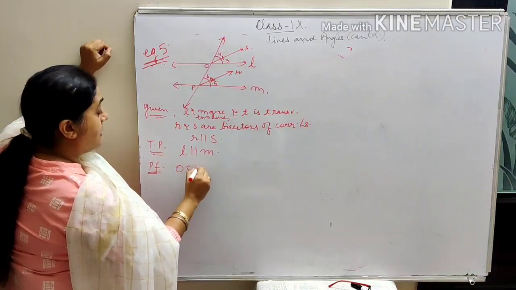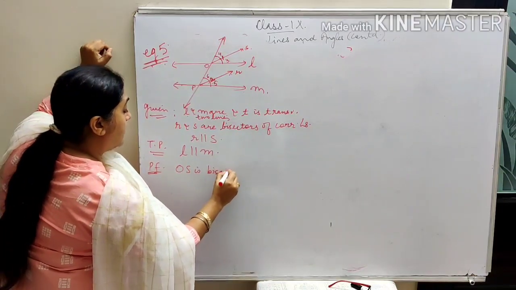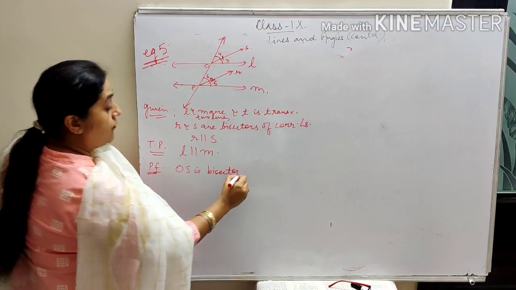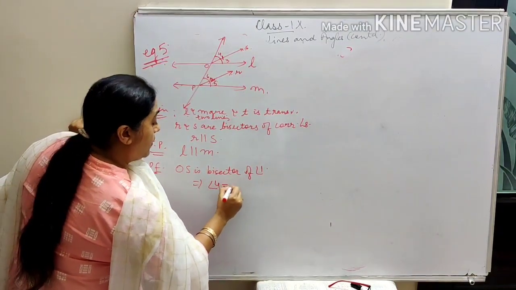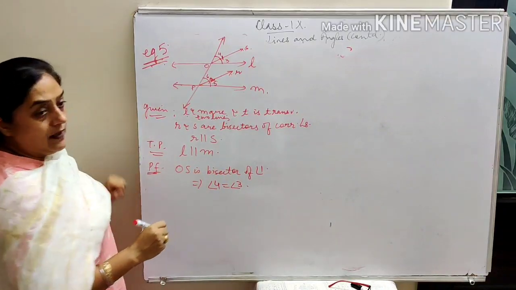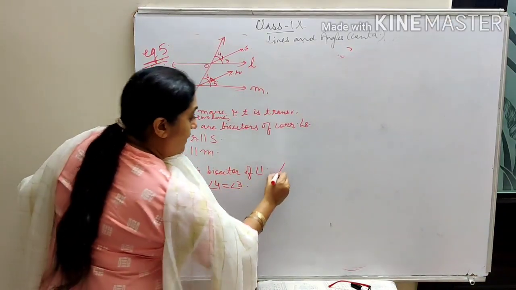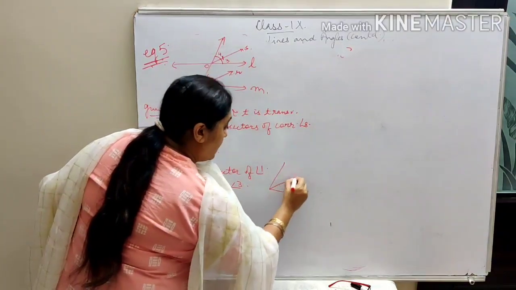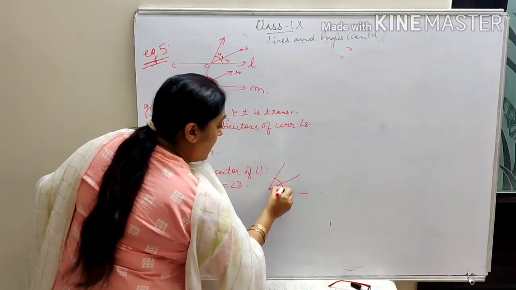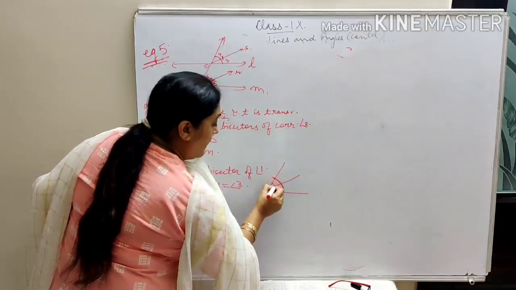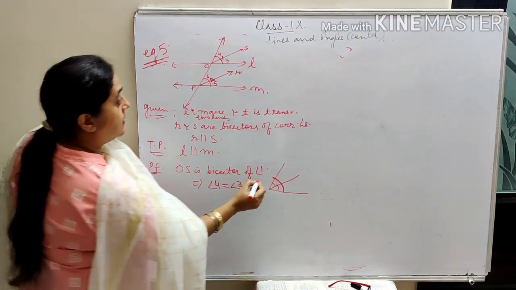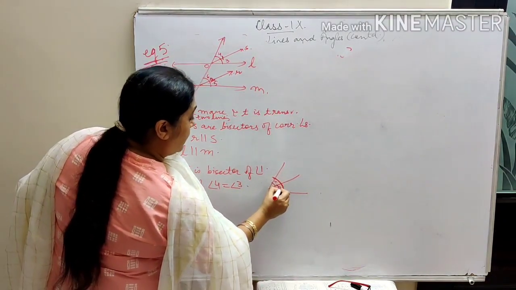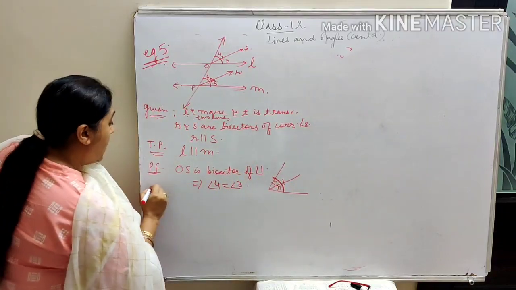OS is bisector of angle 1 implies angle 4 is equal to angle 3. ये बात समझ में आ रही है? If I see this, this is the bisector. तो ये अगर ये complete angle है, तो these are the angles, right? These are the bisector angles 4 and 3. ये complete angle 1 था.